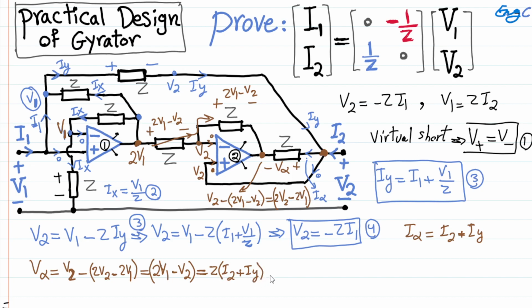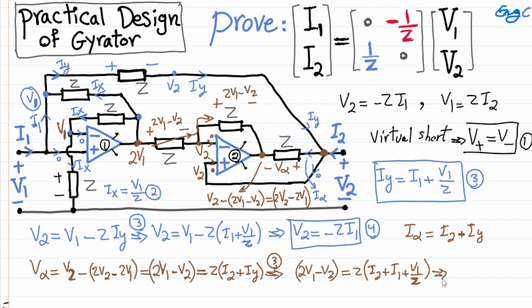Now, I am going to use what I found in equation 3. From equation 3, I'm going to substitute for I. Basically, what I get is 2V1 minus V2 on this side is equal to Z times I2 plus I1 plus V1 over Z. You can see that we get V1 here, and that V1 simplifies with 2V1 on this side.